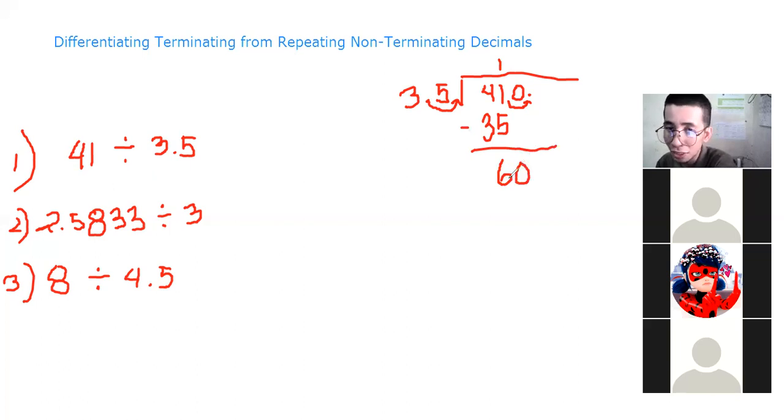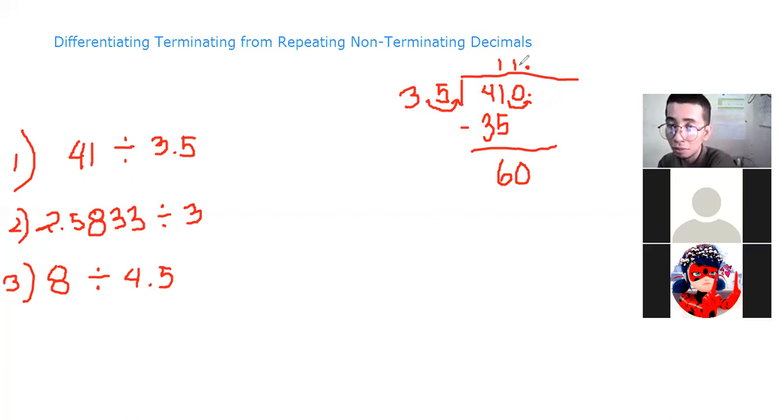Then 60 divided by 35, that is only 1. Isa lamang din, diba? There is only one 35 in 60. So we're going to write the 1 and put decimal point katapat ng ating decimal point sa ating dividend. So 1 times 35, that is 35.